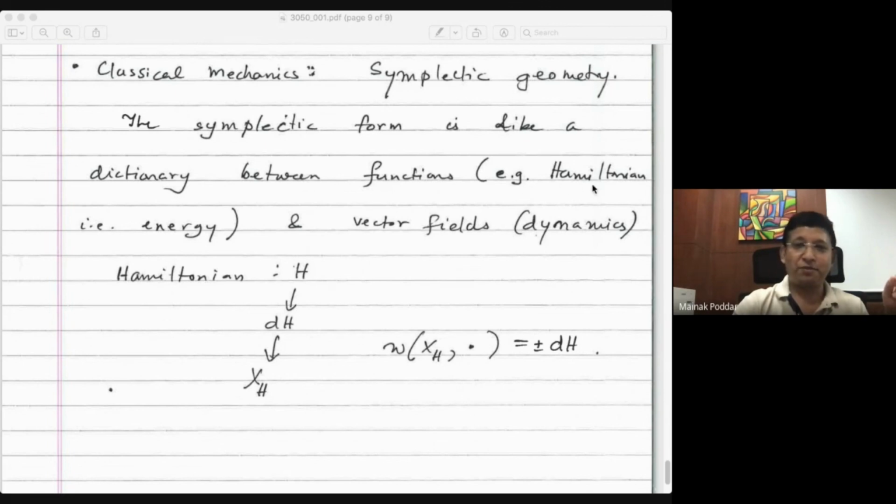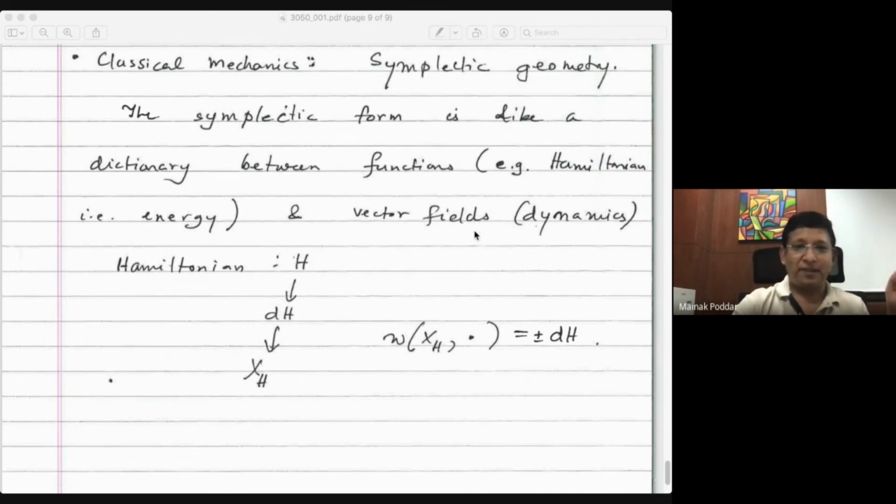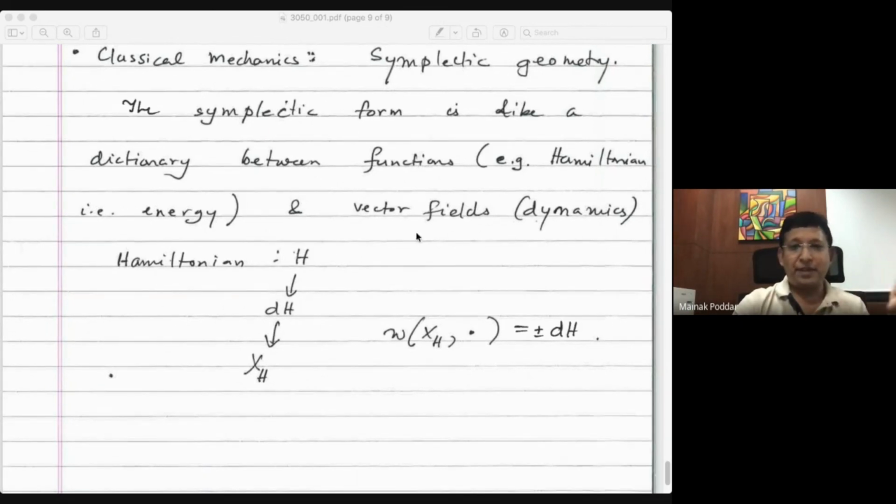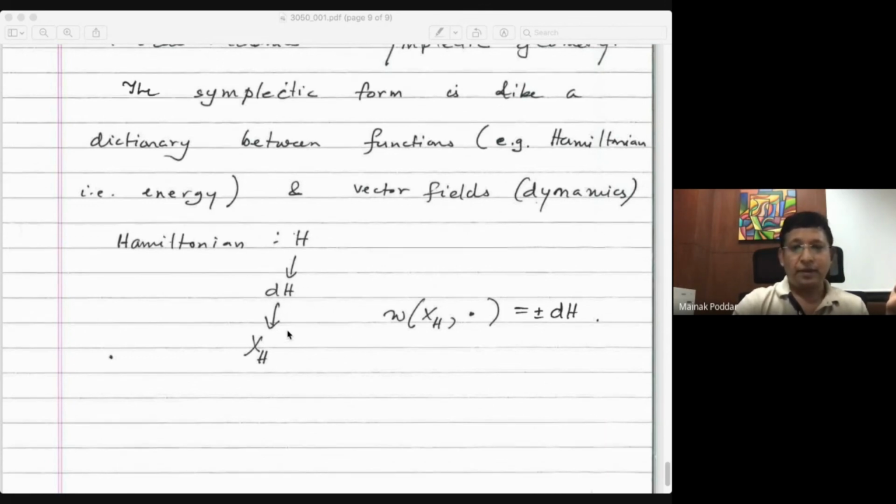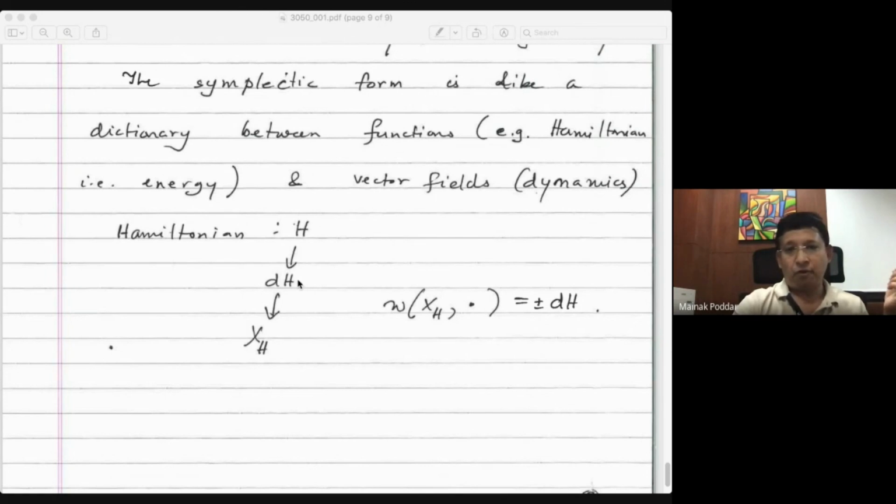A function is like energy or Hamiltonian, and vector fields will tell you which directions to move, and so that's dynamics. The way it works is from H you can take, like in calculus almost, dH. That's the one form, because you can plug a vector field into it.